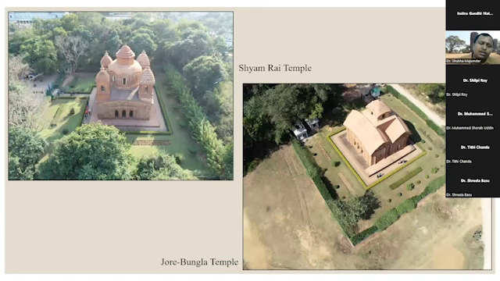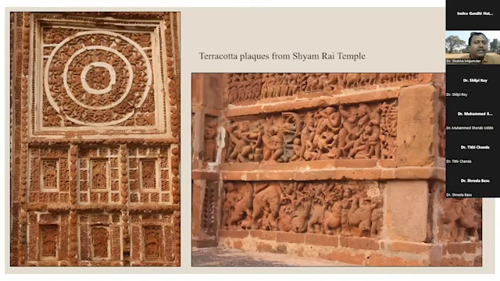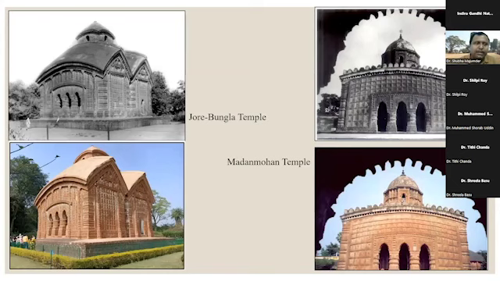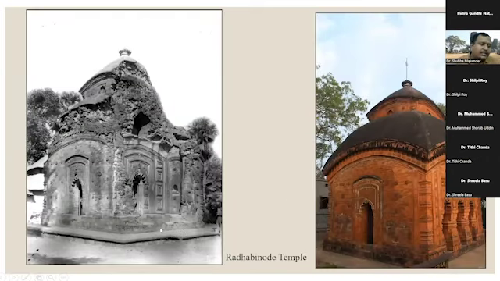This is the drone view of the Shyamrai temple, as well as the Jor Bangla temple. Some terracotta plaques from the Shyamrai, and some earlier photographs of those temples, because I tried to show how the temple was when it was protected around 1914, and the present-day photograph of the Madan Mohan temple. You can see this is one of the important temples, the Radha Vinod temple.